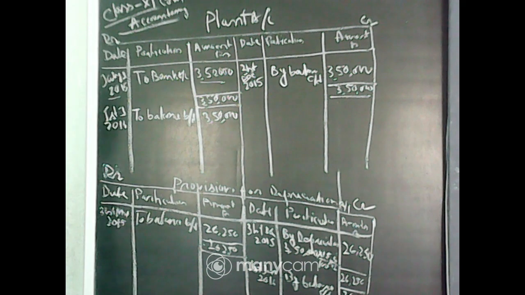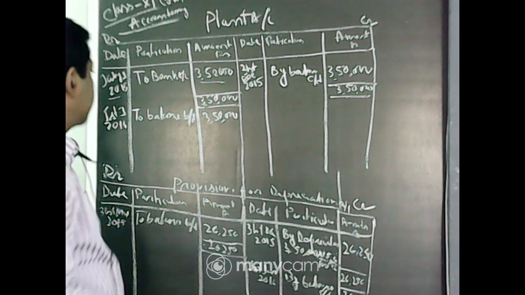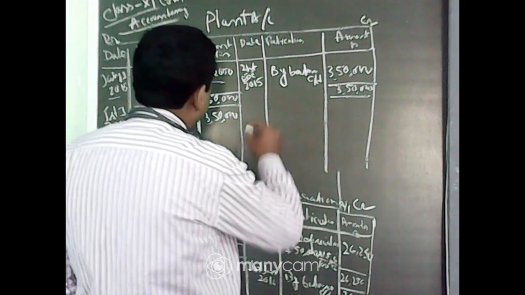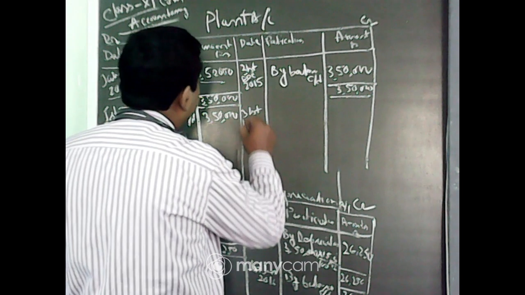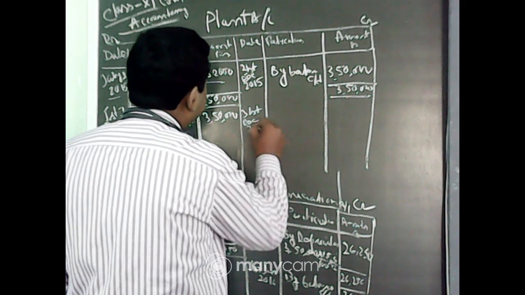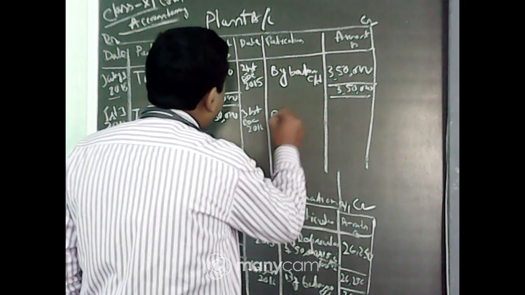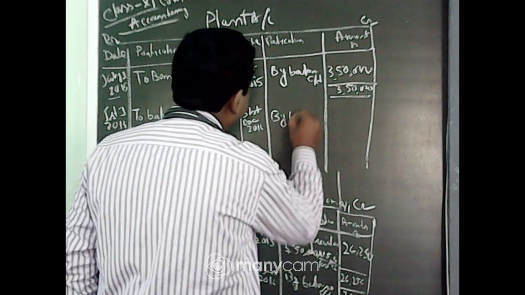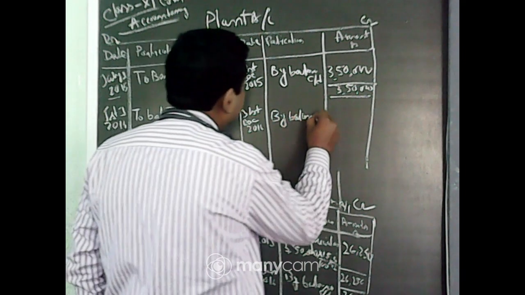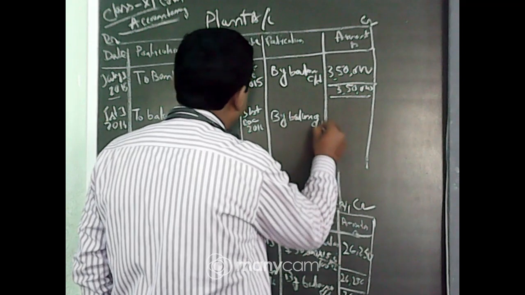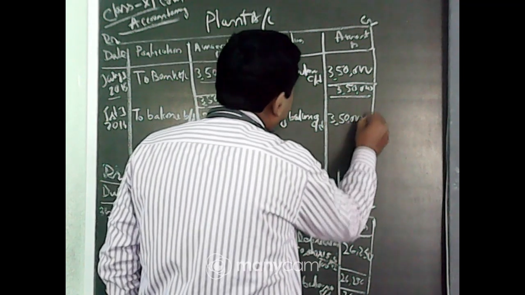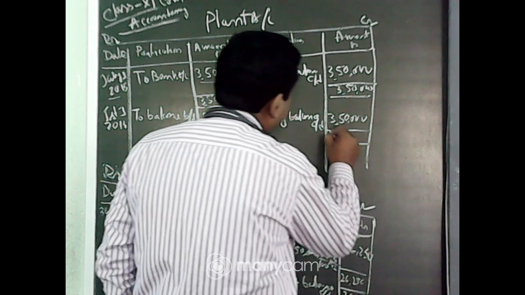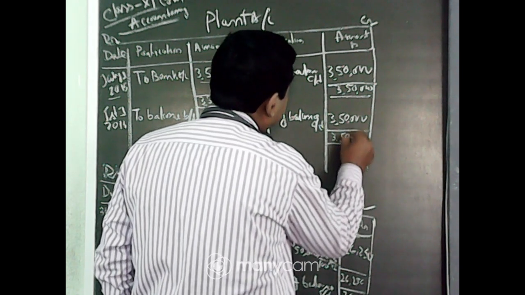Now, next year, as there is no transaction, we have to transfer again that original amount, that is 31st December 2016 by balance CD, that is 3,50,000, and that will be closed because there is no transaction.